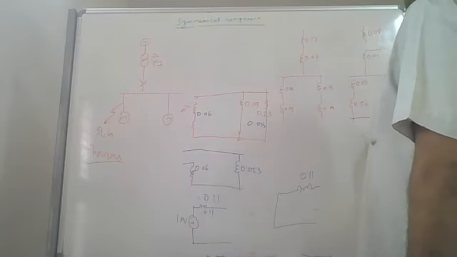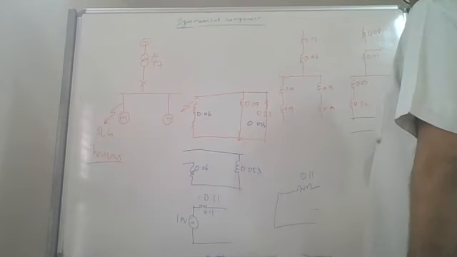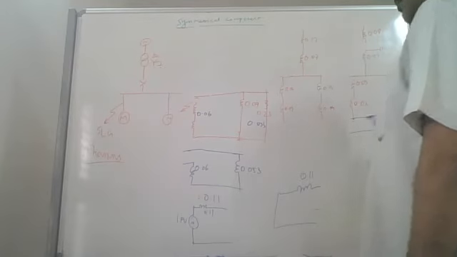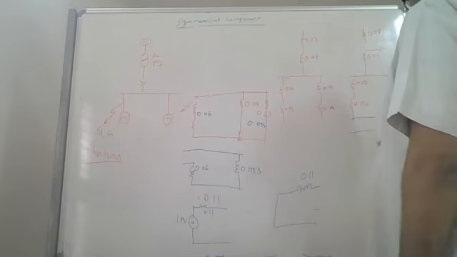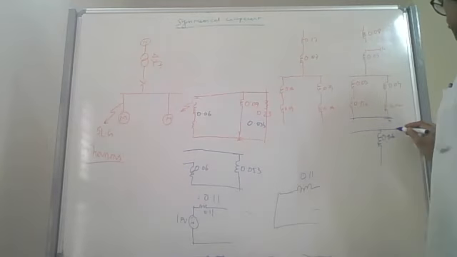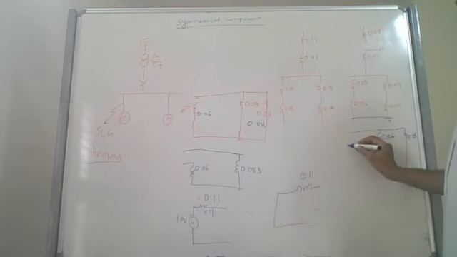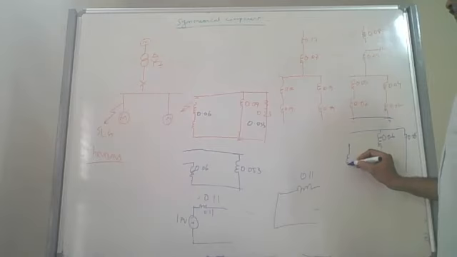Let me draw this as equivalent: 0.04 with 0.06, and 0.04 with 0.02. Sorry, this becomes 0.06, and this becomes 0.05. This one becomes here, and here it's an open, and here it is 0.05 again.